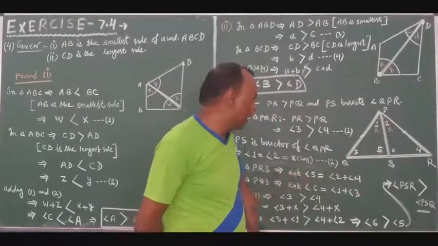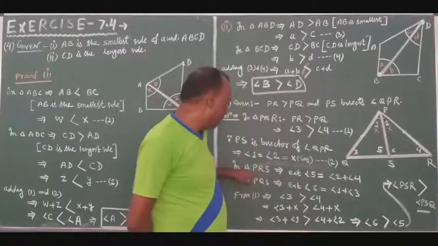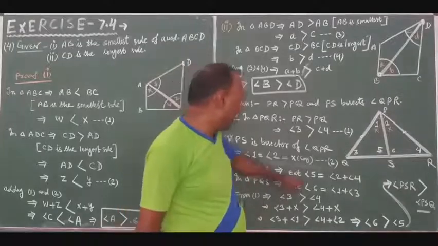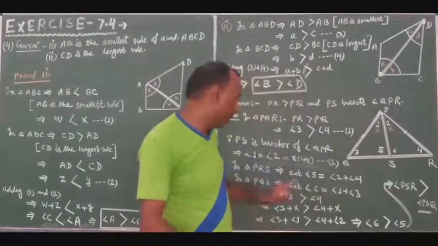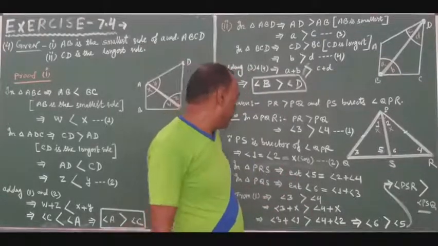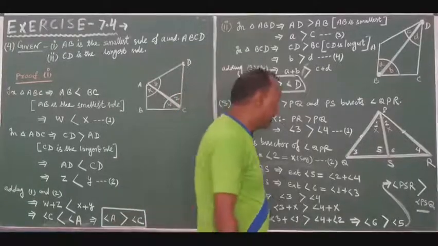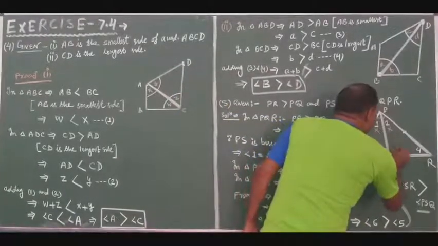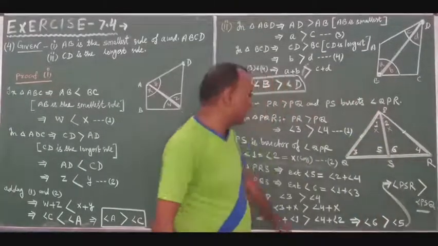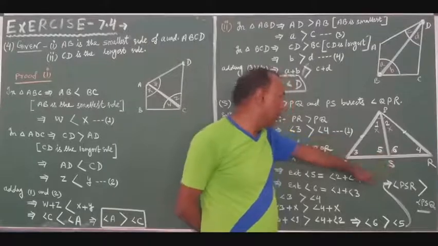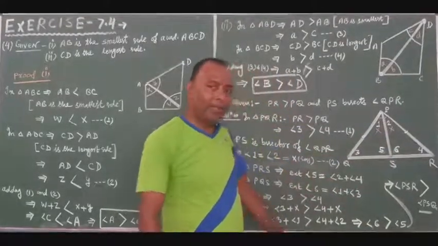And what are those two angles? Angle 2 plus angle 4. Similarly, in triangle PQS, this angle 6 is exterior, so it will be equal to the sum of angle 1 plus angle 3.